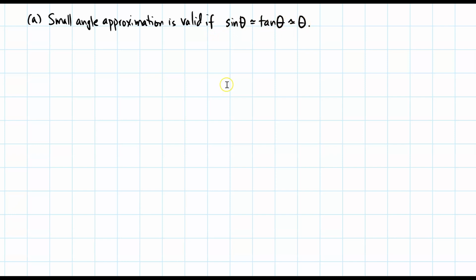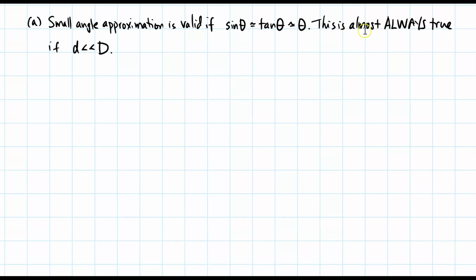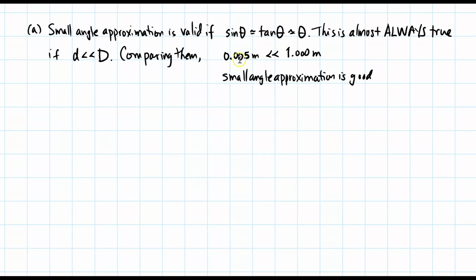This is almost always true if little d is much smaller than big D. That is, the two-slit separation versus the screen distance. If we now check that, and compare the value of little d to big D, we can see that big D is much larger than little d, so the small angle approximation is a good approximation.